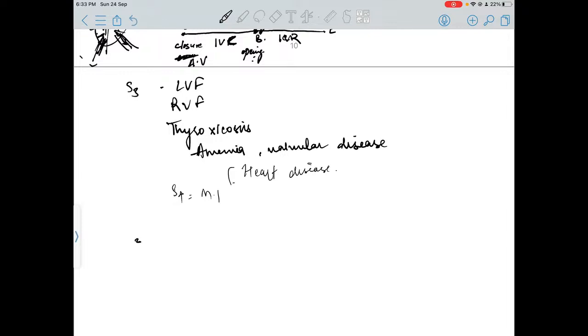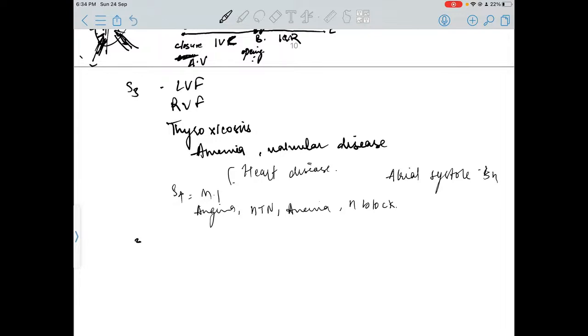Mind you, S4 is a sound when there is atrial systole. The sound that comes at the time of atrial systole, that is S4, and that is most audible in MI, if there is angina, if HTN is present, if there is anemia, or any kind of heart block, and valvular disease.